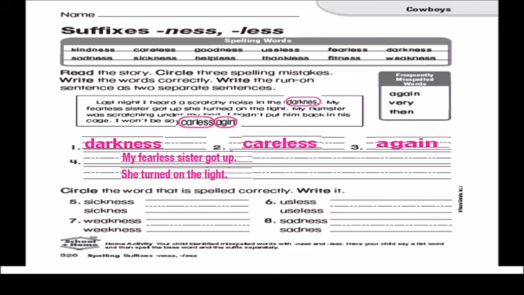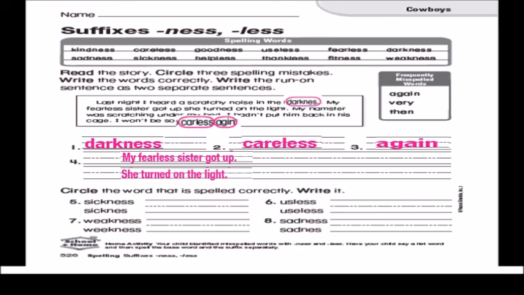He didn't write a period. So my fearless sister got up, finish, put period. She turned on the light, finish the second sentence and put period.